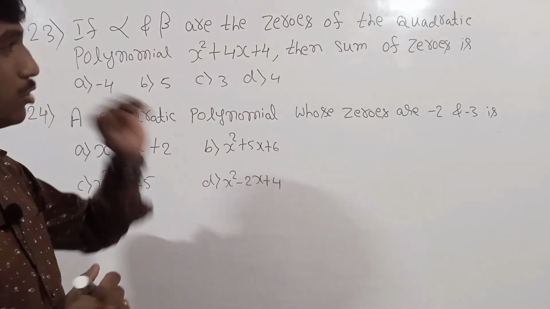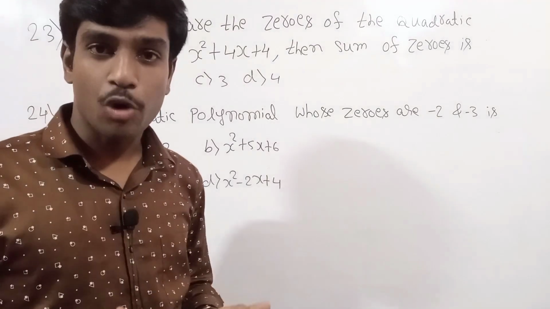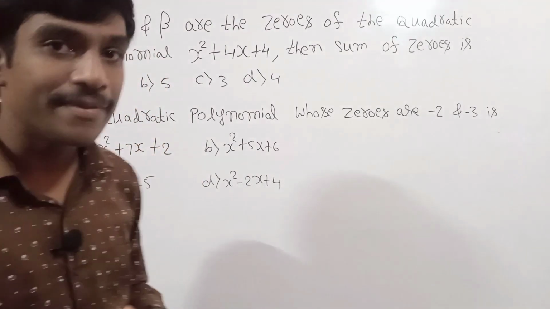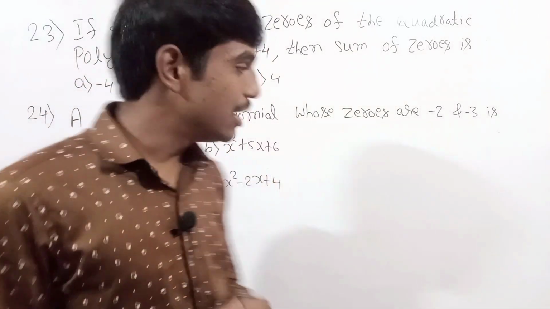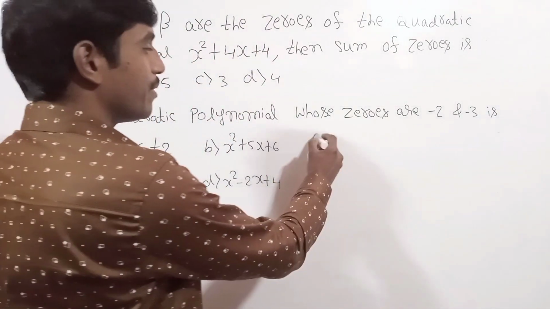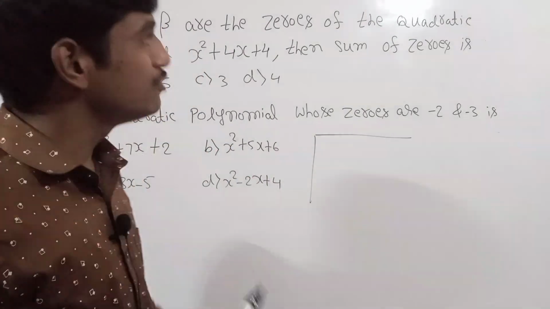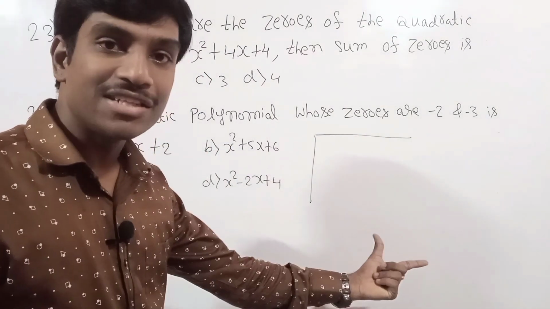So before going to the questions, first let's understand some of the concepts, that is the zeros of a given polynomial. What is the meaning of zeros of a polynomial? Zeros of a given polynomial means basically the solution or the values which, when you substitute in the variable, you will get 0.